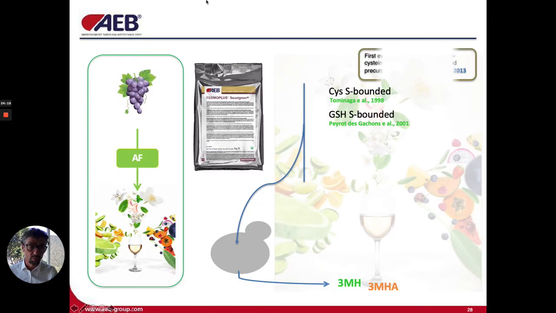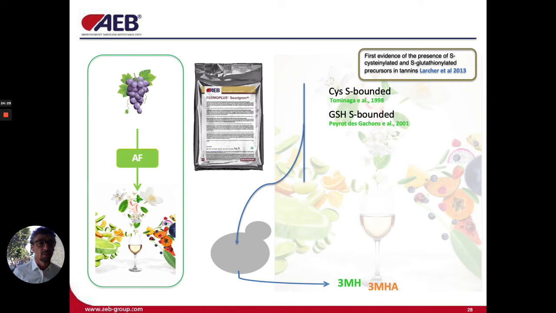The first evidence actually was a while ago, but not that much in terms of enology, which has a history of over 100 years. In the last 10 years, there was research that found evidence of these precursors in skin tannins. No surprise, since we just said that these precursors are mostly in the skin.